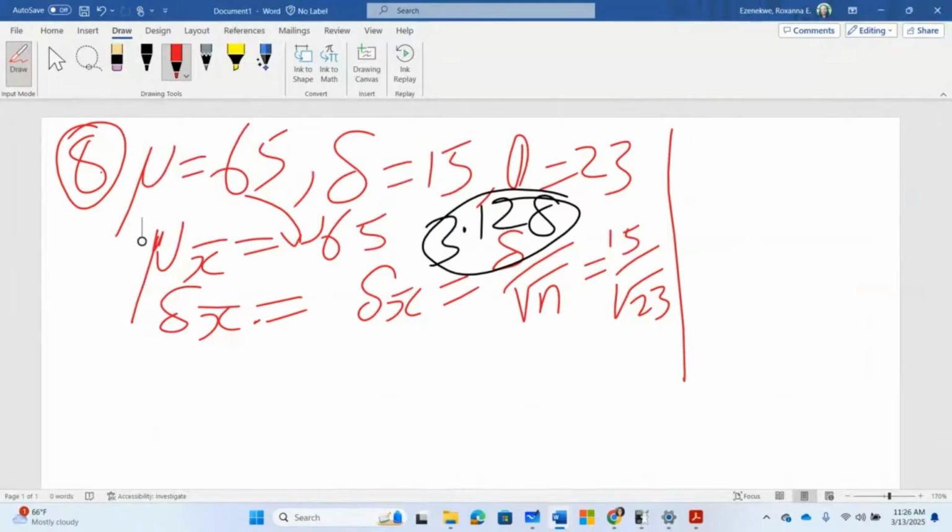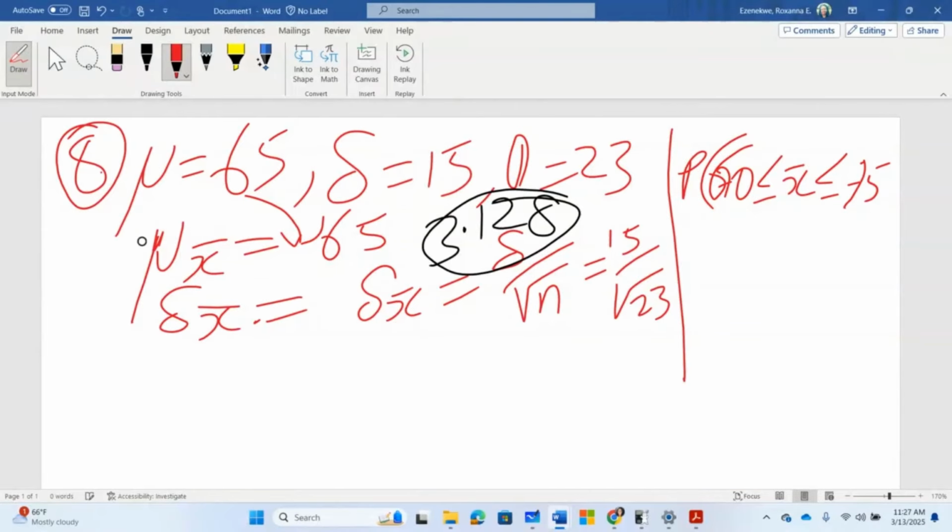Suppose I am told to find, in that particular question, the probability that x bar is between 60 and 75, that is, 60 is less than or equal to x bar, which is less than or equal to 75.